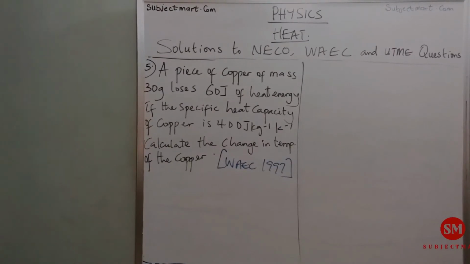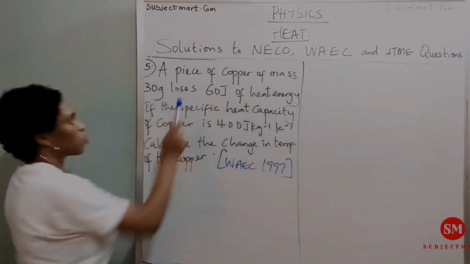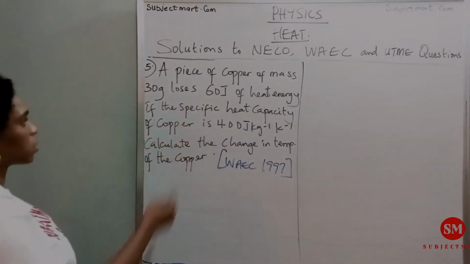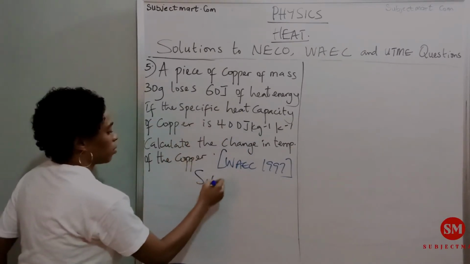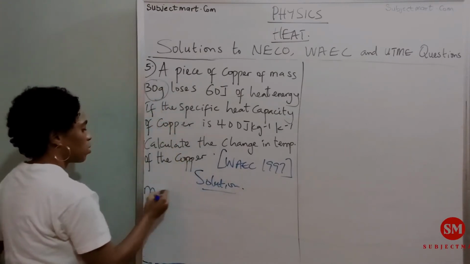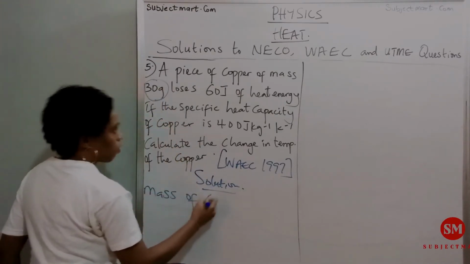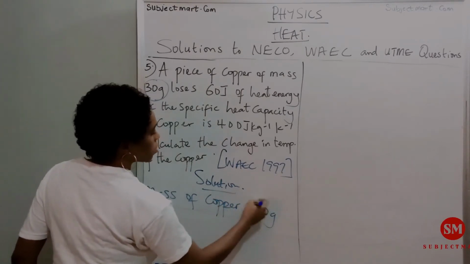The fifth example here says, a piece of copper of mass 30 grams loses 60 joules of heat energy. So the mass of copper is equal to 30 grams.